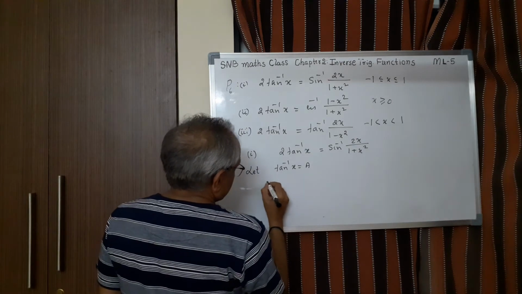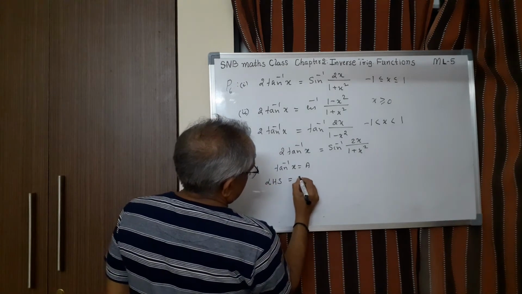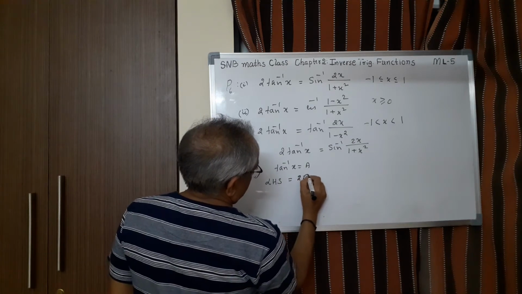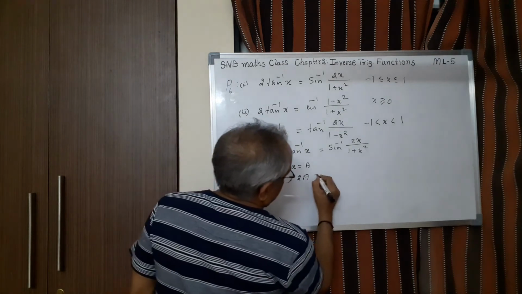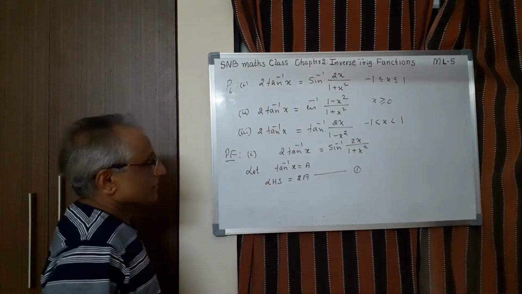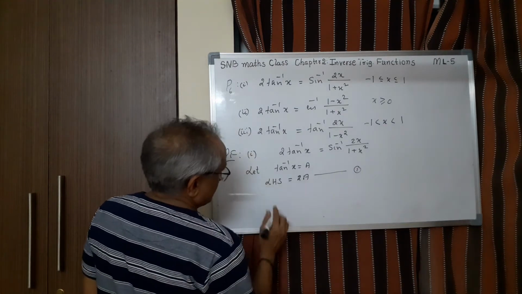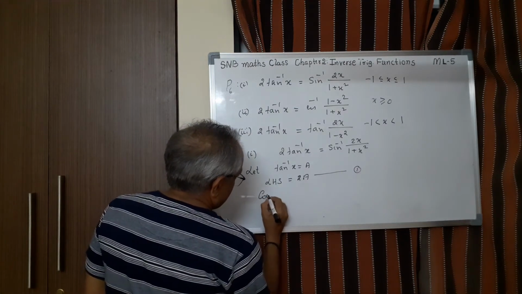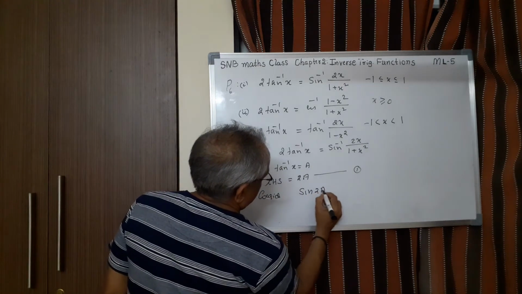Therefore, consider the left hand side. The left hand side becomes 2a. Let me write this as 1. Now I will take tan 2a, sorry, sine 2a. Consider sine 2a.